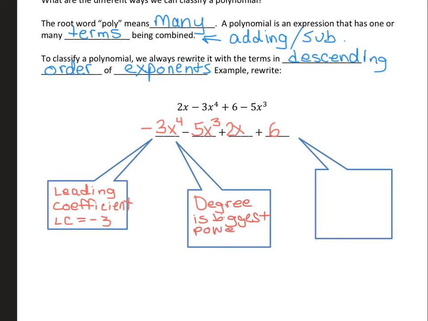So in our case here, our degree equals 4 of this polynomial. And the last thing I wanted to highlight is how many terms. So terms are sort of the pieces that are being added or subtracted, in other words, combined. And so in this example, we have 1, 2, 3, 4 terms.